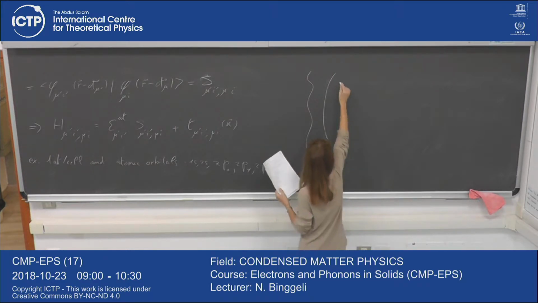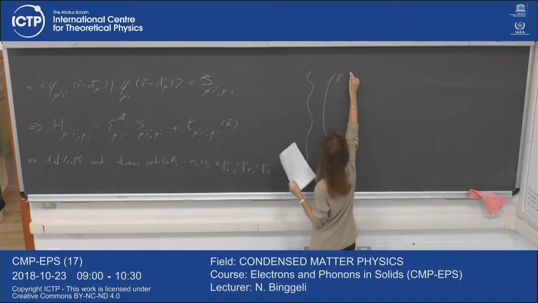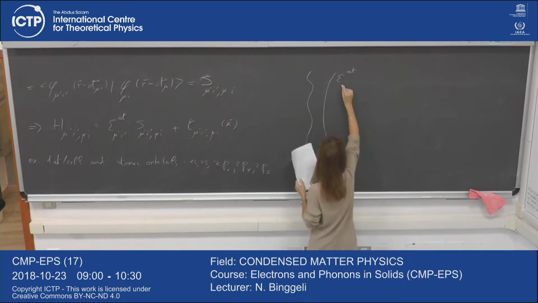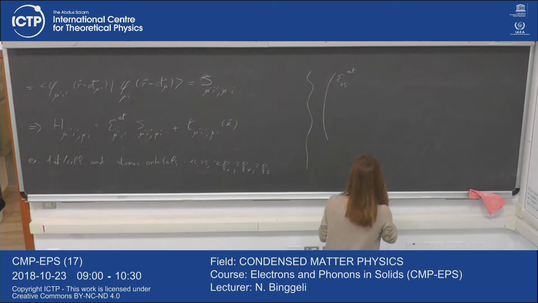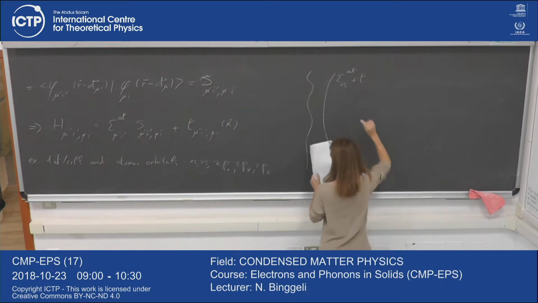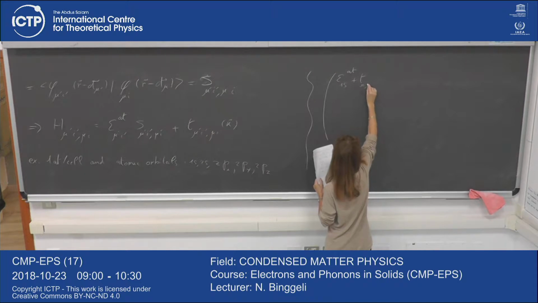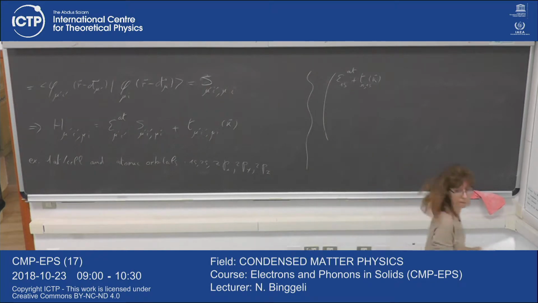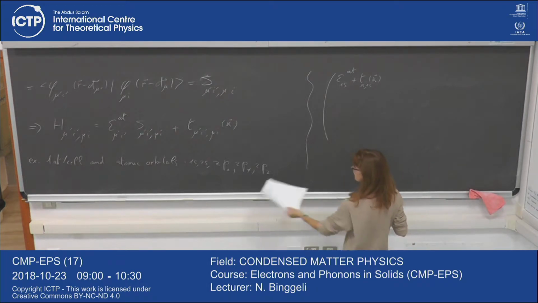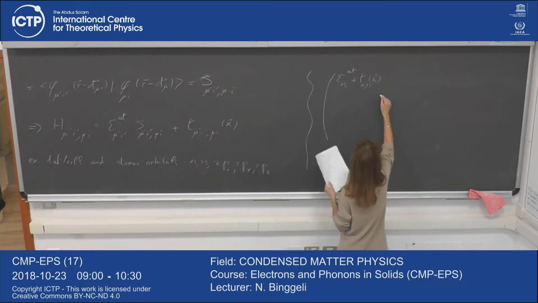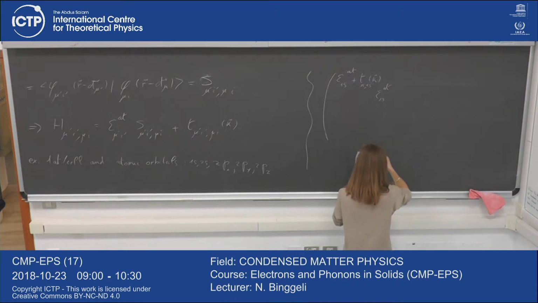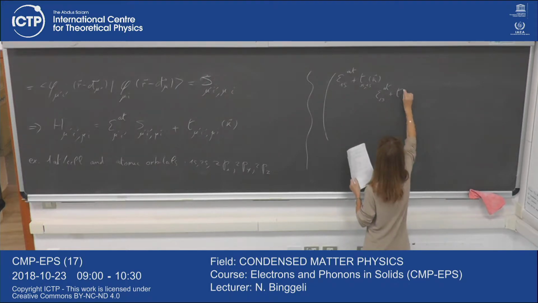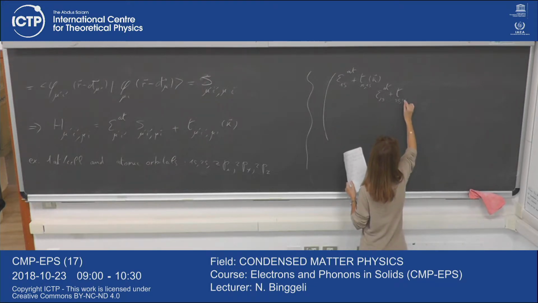The first diagonal element will be the atomic energy of the 1s state, plus the T 1s, which depends on k. Then I can write also for the 2s the diagonal element, because it's just similar. So it's T 2s, 2s.